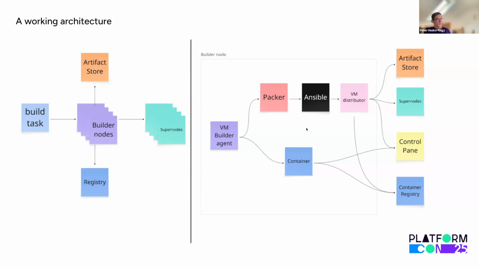And what we do, depending on the artifact itself, is either push it to a container registry or store it in an artifact storage, which can be an object storage or a bucket or any trusted place you have. It's a cold storage most probably. And we have two interesting concepts here. One is the control plane.